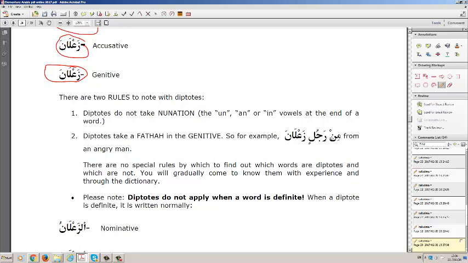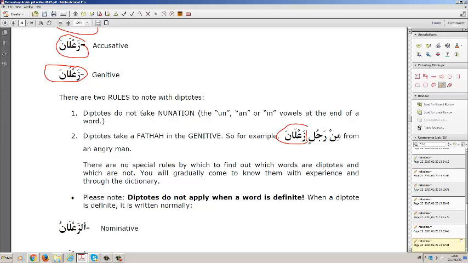So for example, if you say min rajulin, from a man, from an angry man. Now za'alana here is indefinite. It's an adjective, and it's the adjective of the noun a man, rajulin. But you notice here it says za'alana. Why?